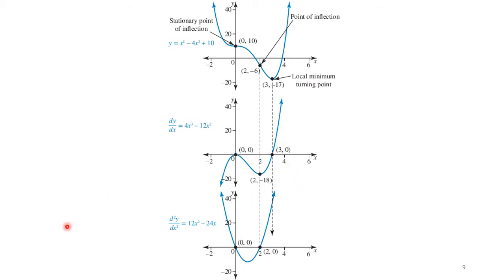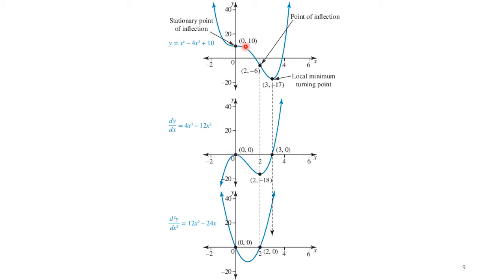Now I want to look at the important points of this curve. You know this curve has an order of 4. This is the first key point, right? You can see the concavity will change at this point. It is a stationary point of inflection. How do I know it's a stationary point of inflection? Well, because if I look at the corresponding point on the first derivative function, it is at 0.